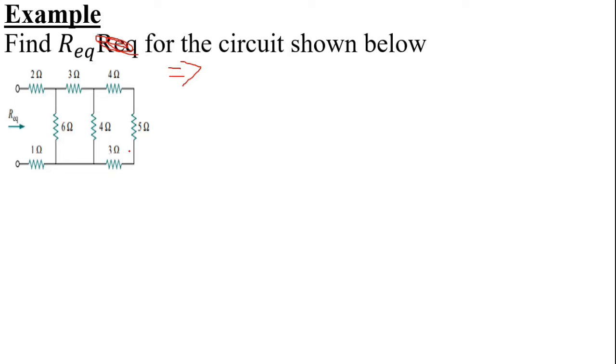In general, these 3 resistors, that means 4 ohm, 5 ohm, and 3 ohm, are connected in series. So we can find the equivalent resistance for these 3 resistors just by adding their individual values. That means 4 plus 5 plus 3.